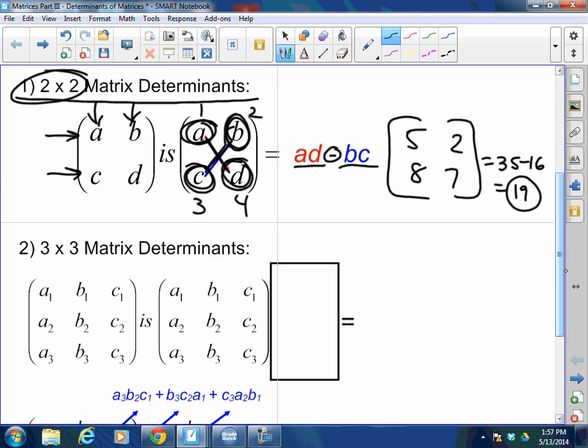First of all, for a 3 by 3 matrix, please remember 3 rows by 3 columns. And this is how easy it's going to be.